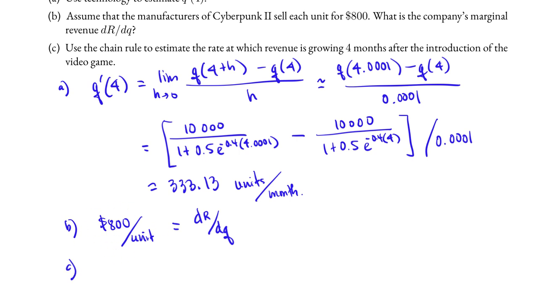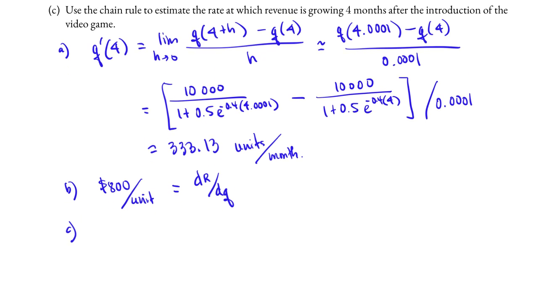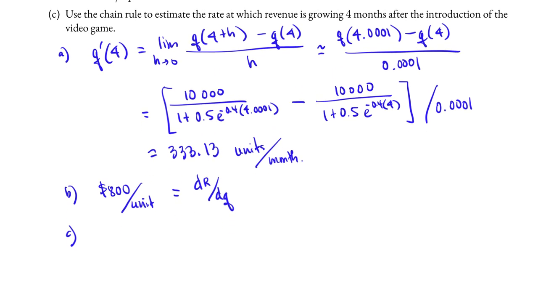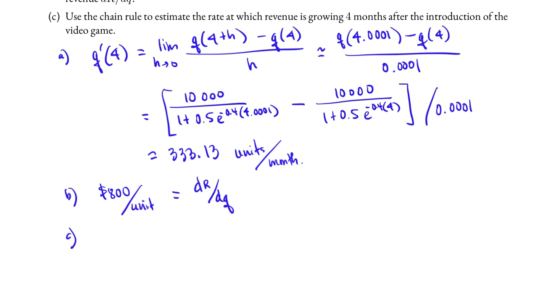For part C, use the chain rule to estimate the rate at which the revenue is growing 4 months after the introduction of the video game. We're looking for the rate of the revenue, which is the derivative of R, but this time with respect to the month, dR/dt. Using the chain rule, we will have dR/dQ times dQ/dt. But dR/dQ is 800.